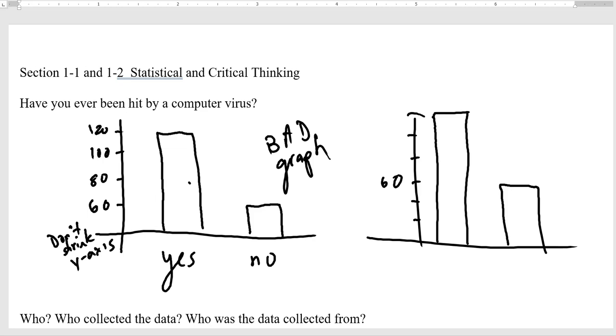That's a bad graph, and it's a way to manipulate statistics. So write that down. That's the idea of what we're doing: we're learning how to correctly analyze data that we've collected and data that's being presented to us.